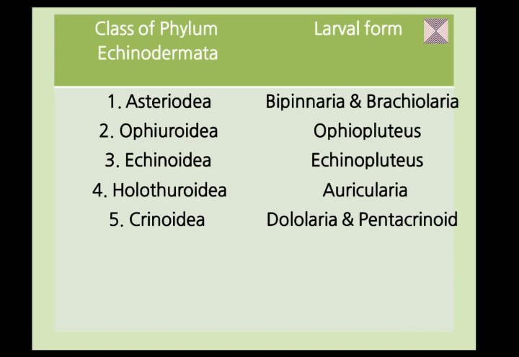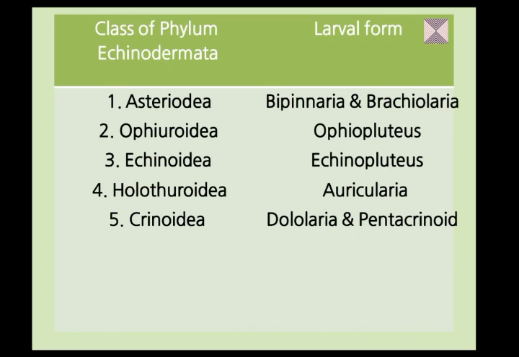Now that was about the echinoderms, and if I talk about the larval forms present in different classes of the echinoderms, if I take the Asteroidea class, this is the first class, we have Bipinnaria and Brachiolaria larva in this class. In Ophiuroidea, we have the Ophiopluteus.